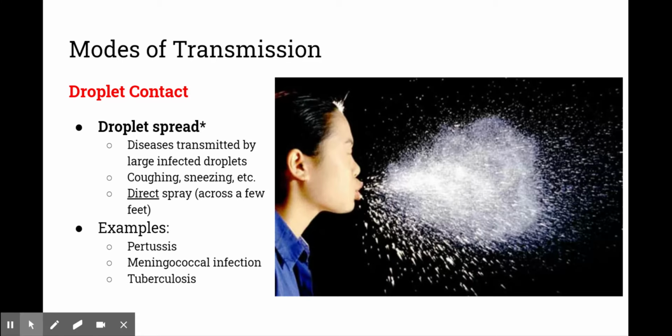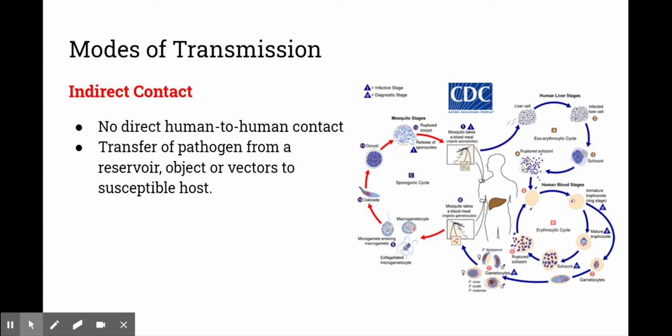That's how far a sneeze or cough particle or droplet potentially could spread. So these are diseases like pertussis, tuberculosis, COVID 19, and they are a little different from some of these other modes of transmission, like indirect contact.